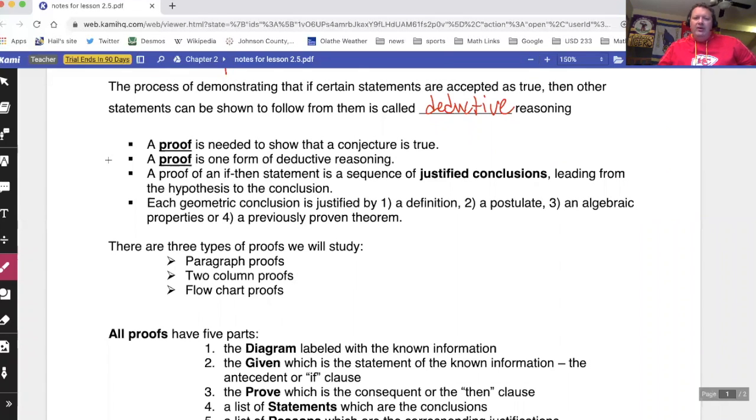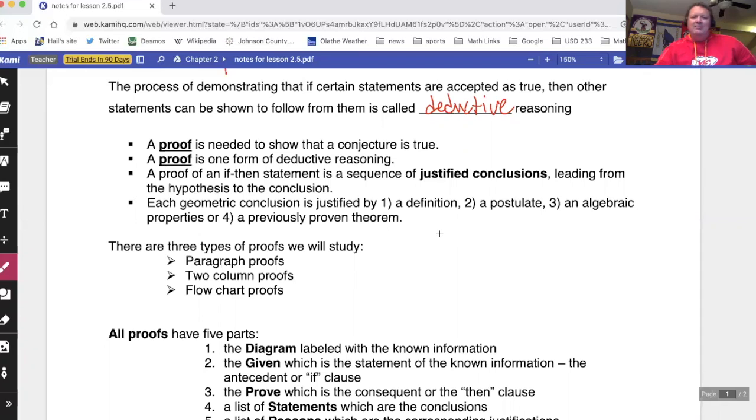A proof of an if-then statement is a sequence of justified conclusions leading from hypothesis P to conclusion Q. Each geometric conclusion is justified by definitions, postulates, algebraic properties, which we'll study in a bit, or previously proven theorems. So once you've proven a theorem, you can use it later on.